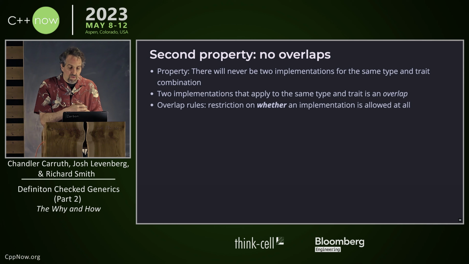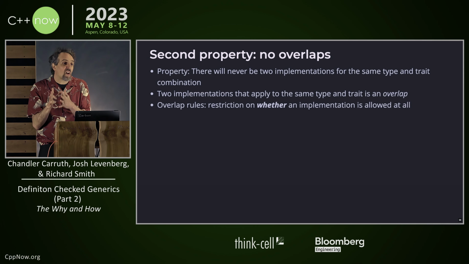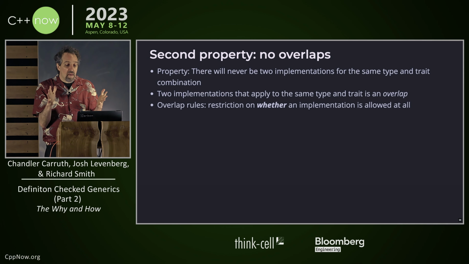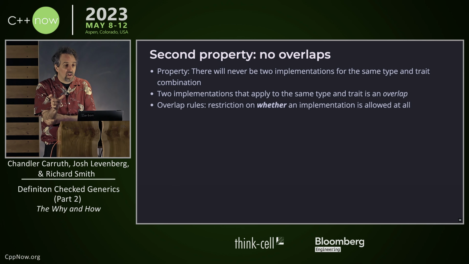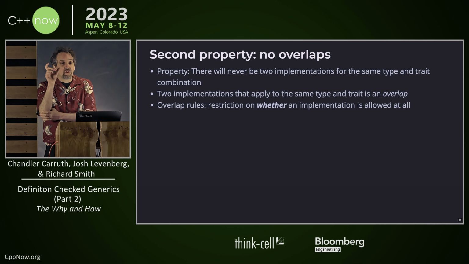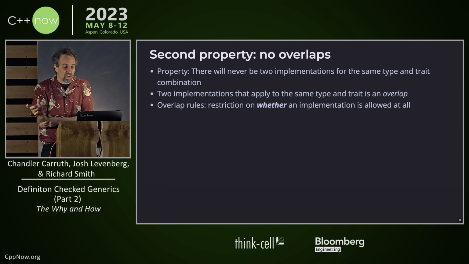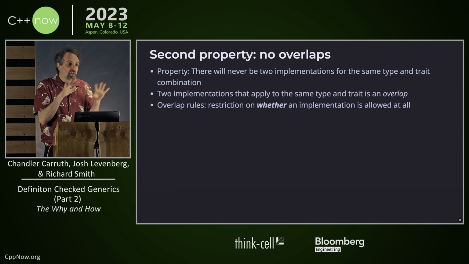And this has a big consequence, right? It means that some implementations are not allowed at all. That's because if you had that implementation, then there could be another library that could define a conflicting implementation. And we want to allow composition.